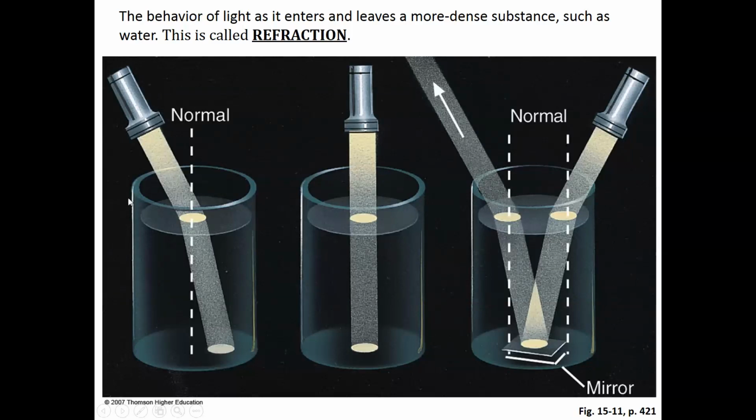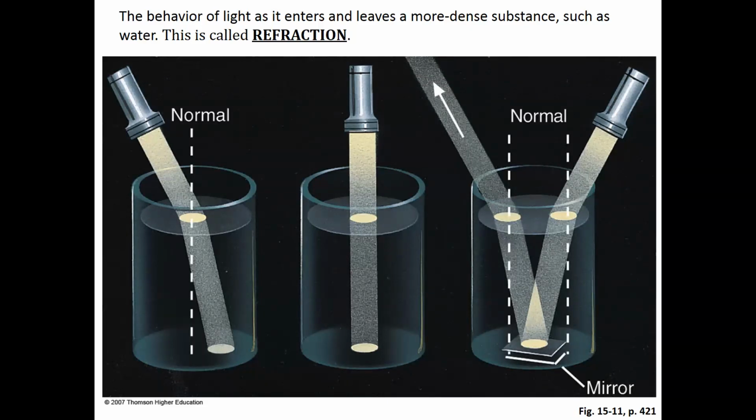However, if this light comes in at an angle, when it hits that boundary, where one medium ends and another one begins, it actually begins to bend. And so light actually bends as it travels from one medium to another medium.